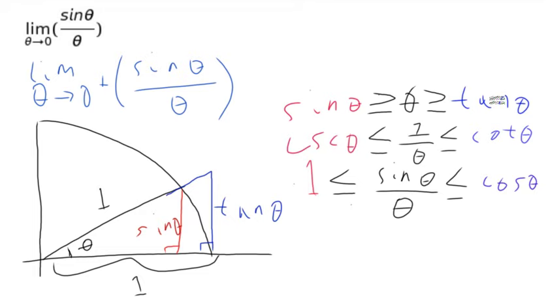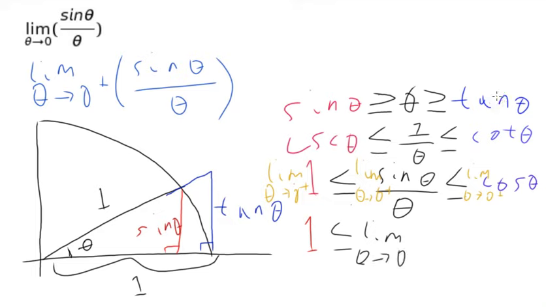And now I will take the limit as theta goes to 0 from the right of all the parts of this inequality. All right, the limit of a constant is that constant. It's less than or equal to this, which is what we're trying to figure out right here, the limit as theta goes to 0 from the right of sine theta over theta.